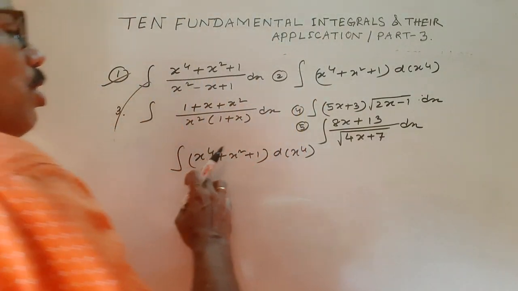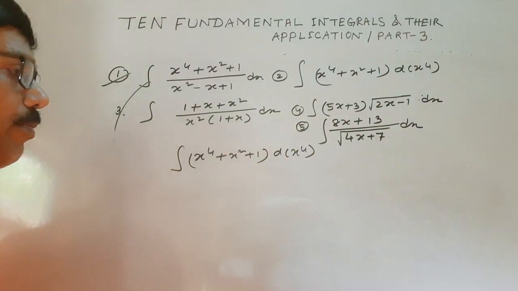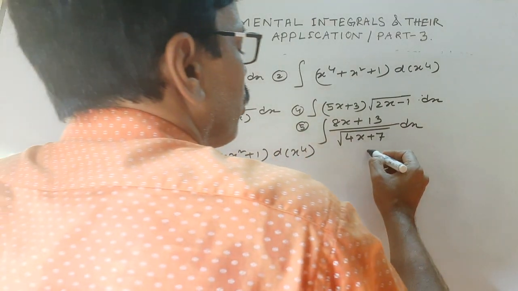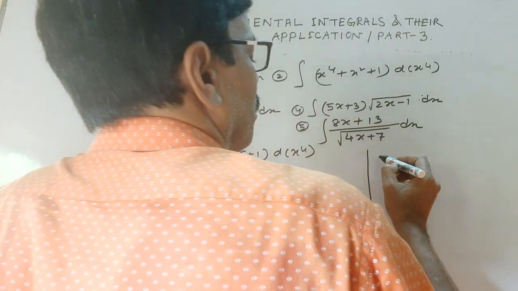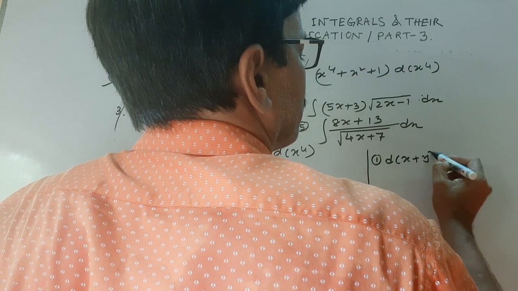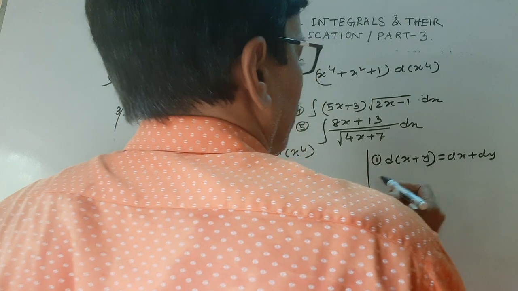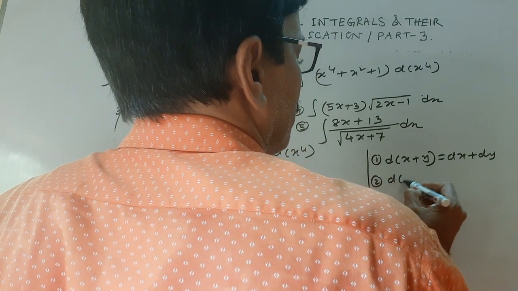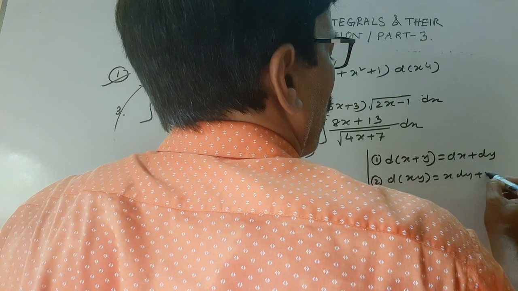So x4 d of x4 is positive, but it is x square d of x square. So we use this method. This is called the differential property, d of x plus y. D means differential, dx plus dy. Number 2, d of xy, x dy plus y dx.